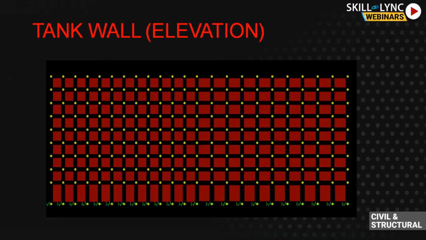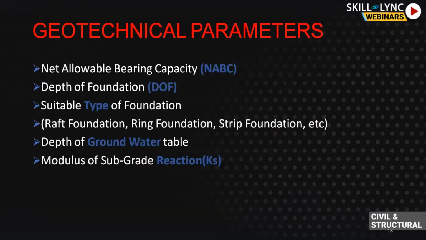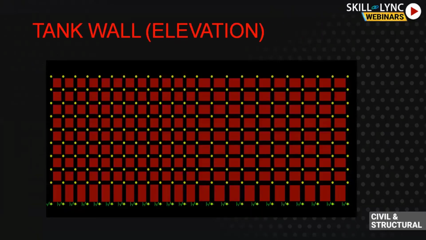One more thing I would like to tell you is about net allowable bearing capacity. Net allowable is where you have removed the overburden and self-weight, since everything is already there: the structure weight, the fill weight. So when you check the bearing capacity, don't compare it with the net allowable bearing capacity.